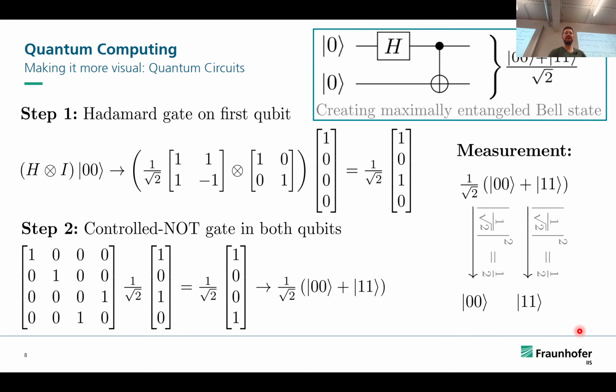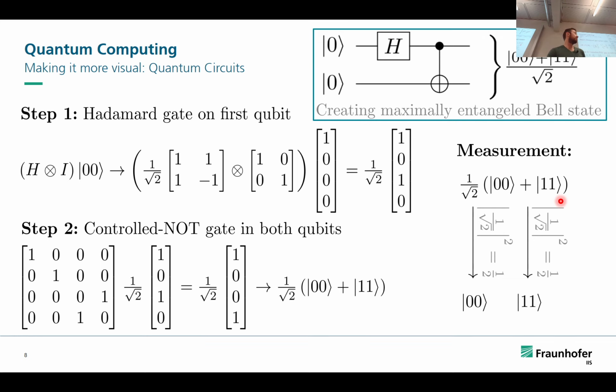That's why it's maximally entangled, so it's enough to just observe the first qubit. If you know the first qubit is 0, then we immediately know the second qubit will also be 0, and the same for 1. But before we measure any of the qubits, both possibilities are there. It can either be 0,0 or 1,1. And that's the basic property of entanglement.